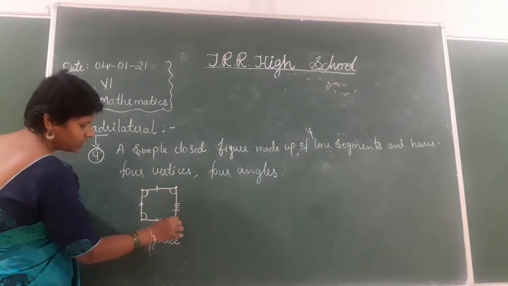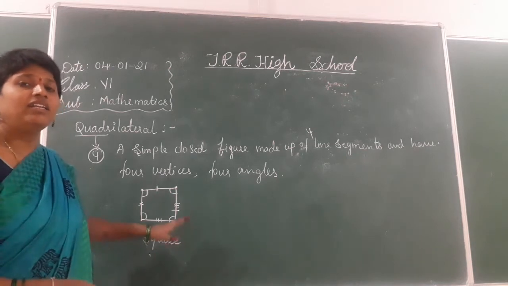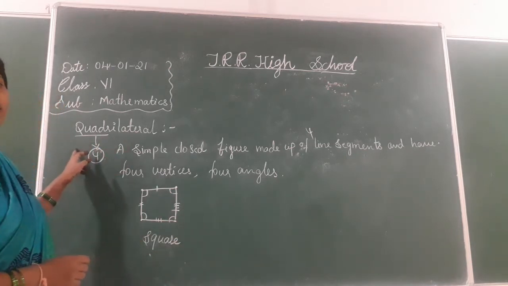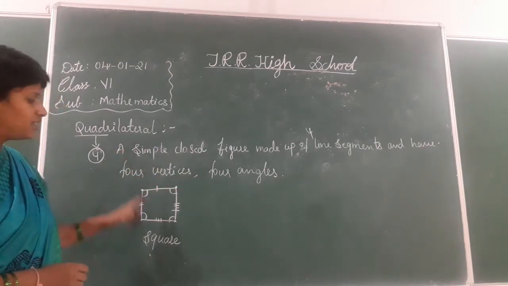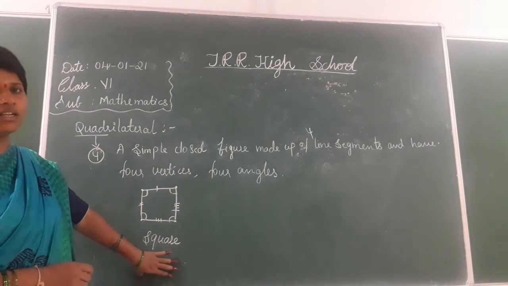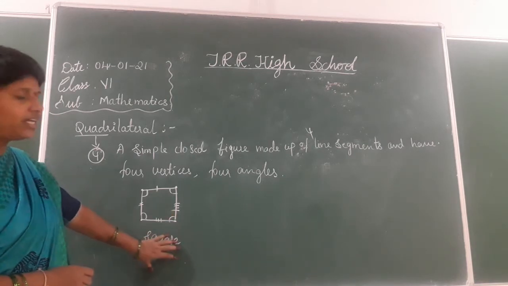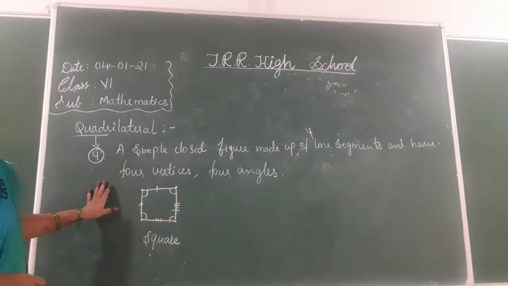So it is called a square and it is also called a quadrilateral. Why? Because the properties of a quadrilateral are satisfied by a square. So it is one of the quadrilaterals. Specifically it has a name, square, but in general it is called a quadrilateral.